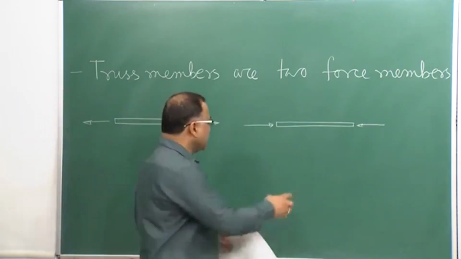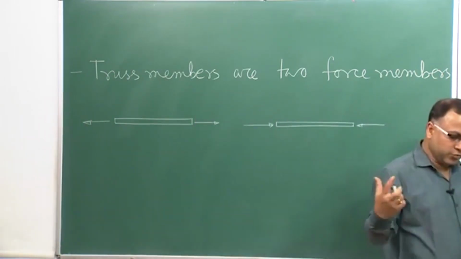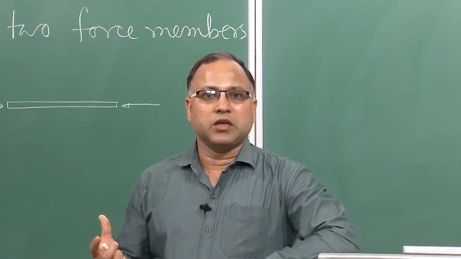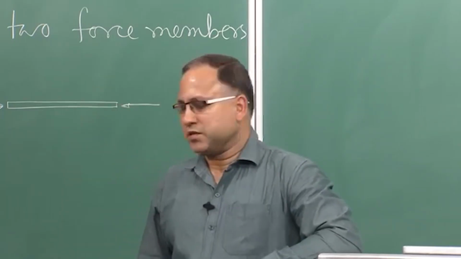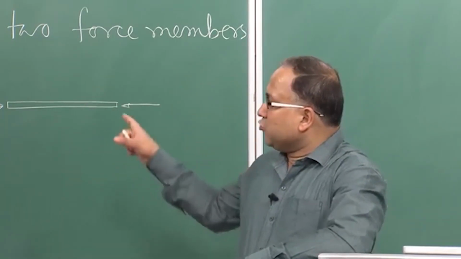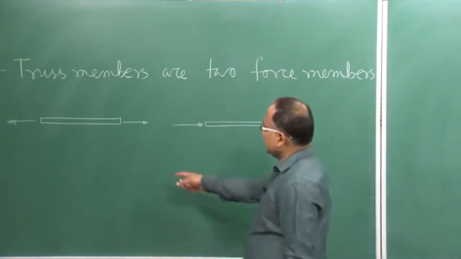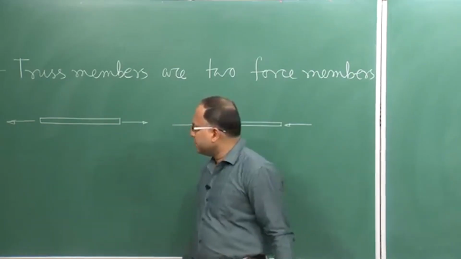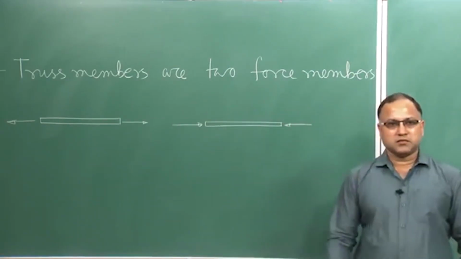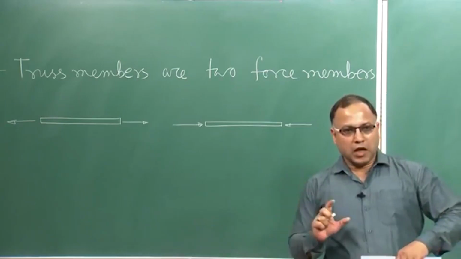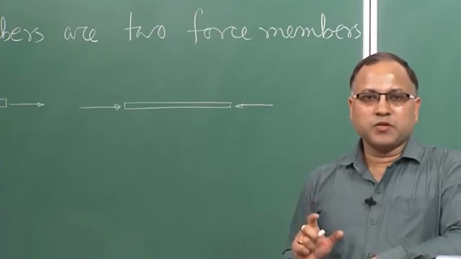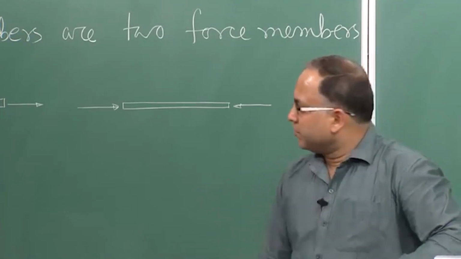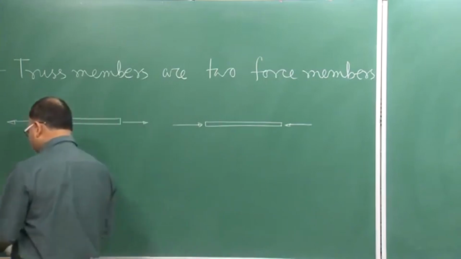These forces are equal and opposite, from the two force member details covered in previous lectures. Apart from tensile and compressive, we cannot have any other type of member, because this is a two force member.